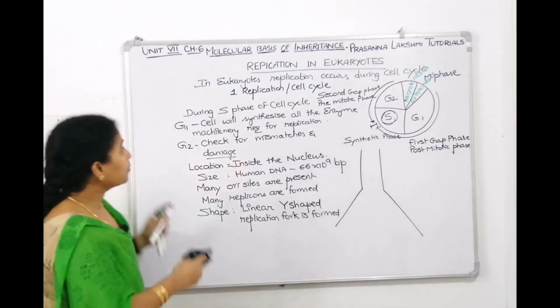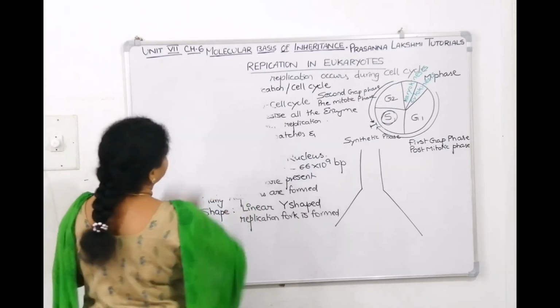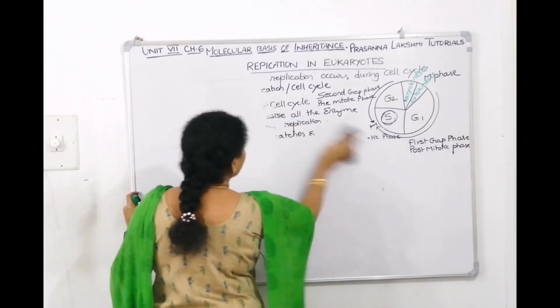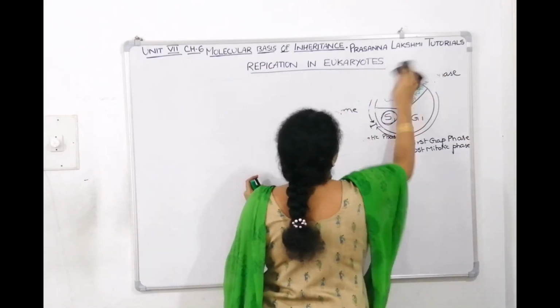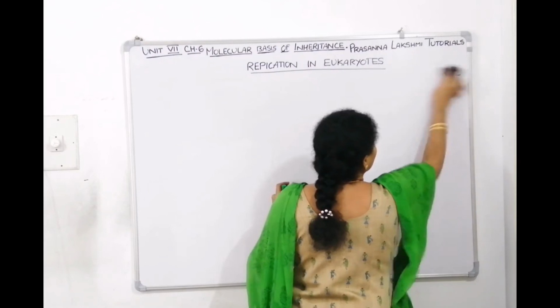Now, we have to discuss the enzymes of eukaryotic replication. In bacteria, we said the main enzyme which helps in replication is DNA polymerase, of three types: DNA polymerase 1, DNA polymerase 2, and DNA polymerase 3.